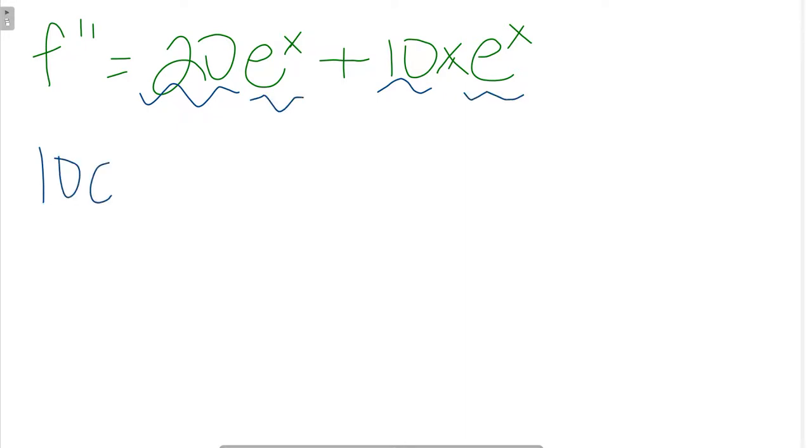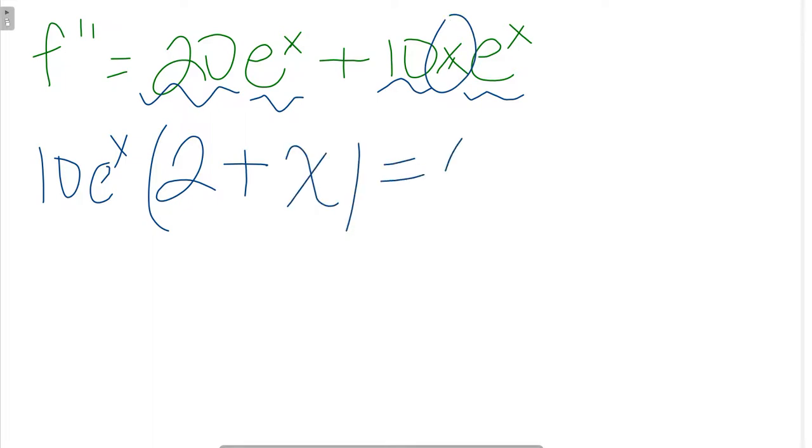So we take out 10 e to the x, and what's left? 20 divided by 10 is 2. e to the x divided by e to the x is 1, so I don't have to put that. That's going to cancel out, but we still have an x in here, don't forget that. Equals 0. So there we have 10 e to the x times the quantity 2 plus x equals 0.